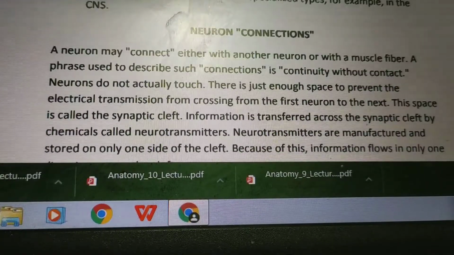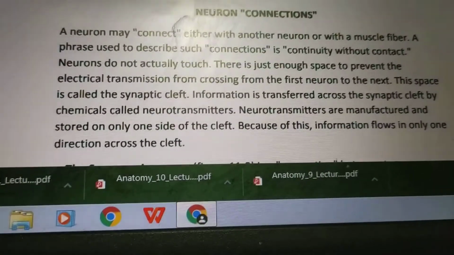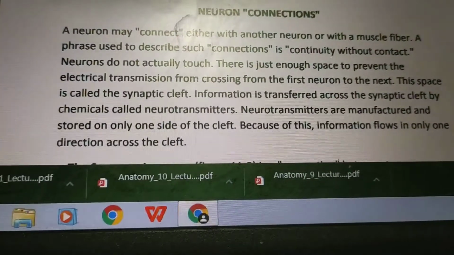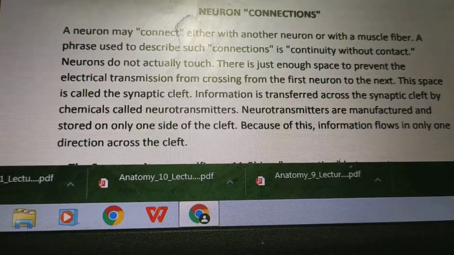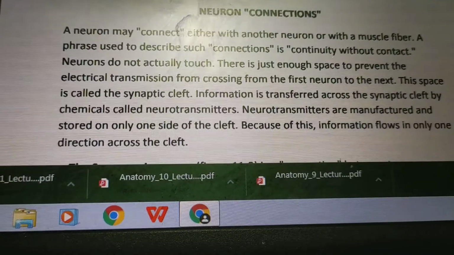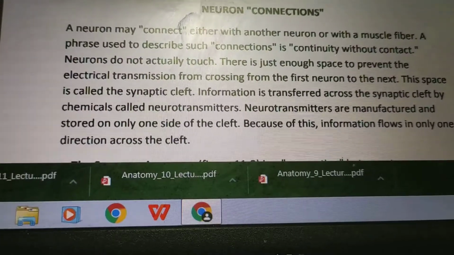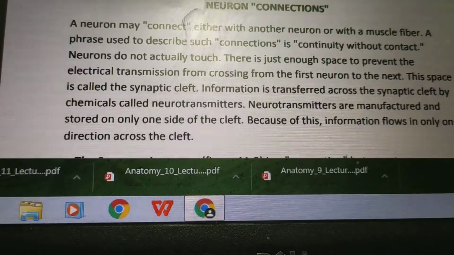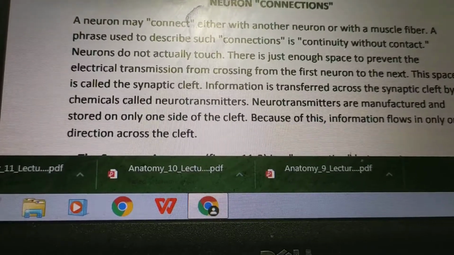Neuron connection: a neuron connects either with another neuron or with a muscle fiber. A phrase used to describe such connection: continuity without contact. Neurons do not actually touch. There is just enough space to prevent electrical transmission from crossing from the first neuron to the next.